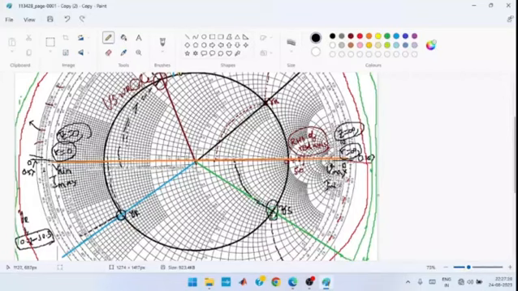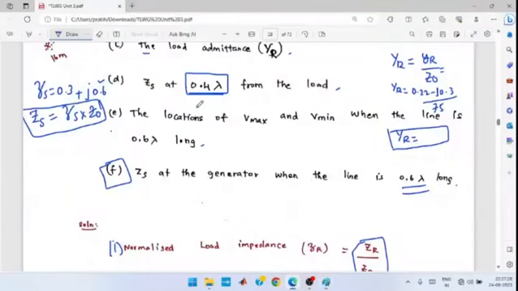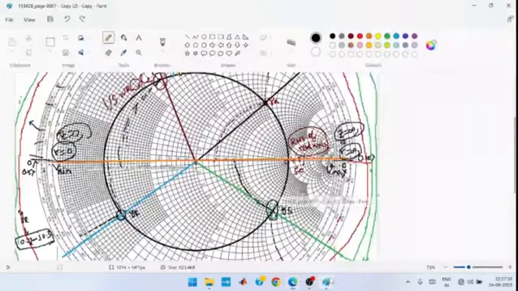But here, our case will be V max and V min, right? So we need to find out the location, right? So now, please tell me, guys, in this problem, they are asking the locations of V max and V min when the line is 0.6 lambda long, right? So what do you mean by that?